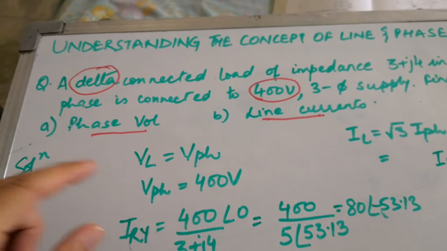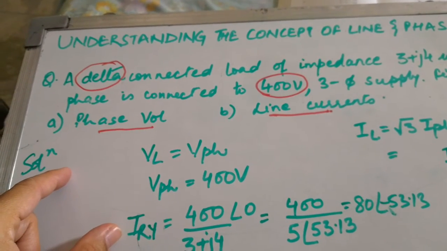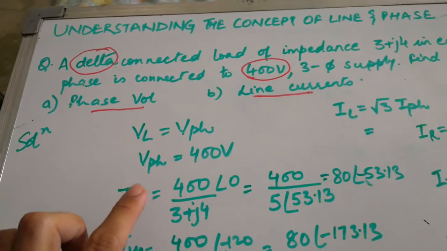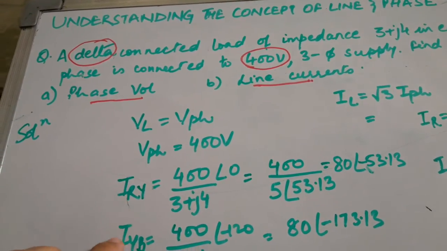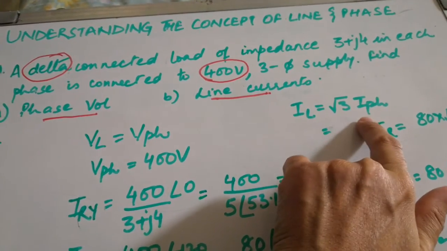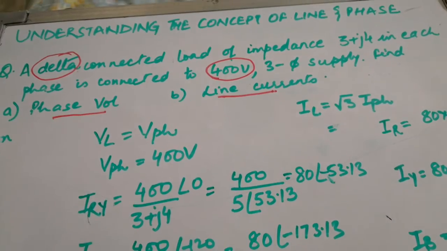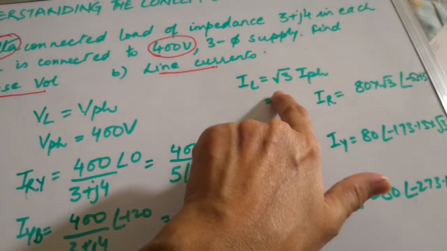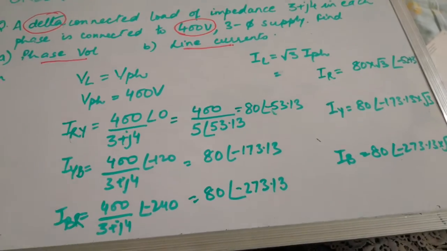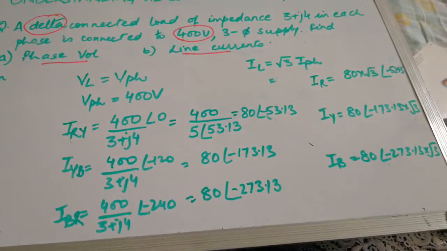Now we know the phase voltage of every phase and the impedance of every phase, so we only have to divide to get the phase currents. But here the relation is between line and phase currents, so we first calculate the phase currents and then multiply all of them by root 3 to get the value of our line currents.